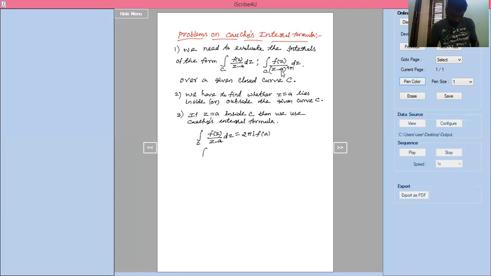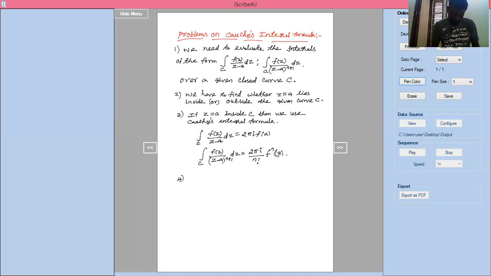Integration over C of f of z divided by z minus a whole power n plus 1 into dz equals 2 pi i divided by n factorial into f n of a. Here n means you reduce the power by 1 and differentiate that many times; n denotes the differentiation.